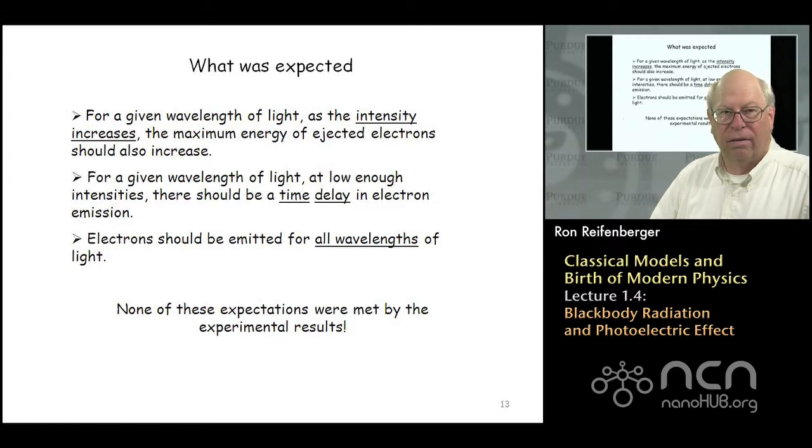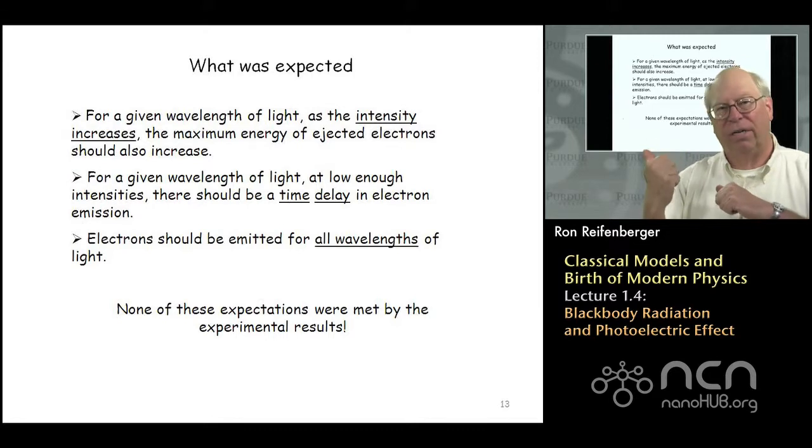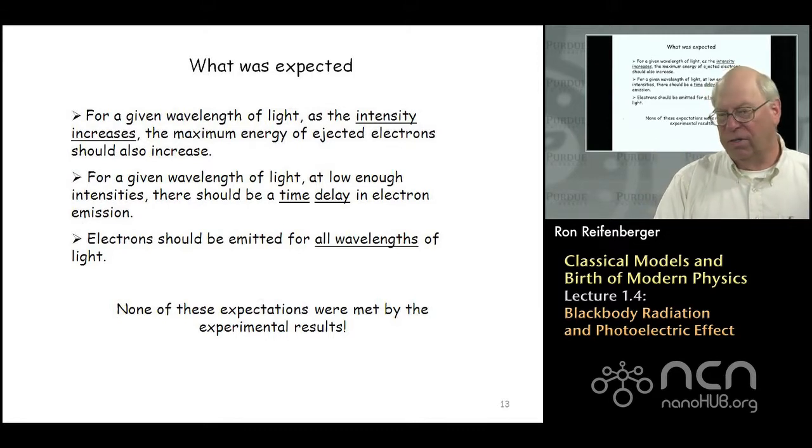So you would expect the maximum energy of ejected electrons should increase without bound, actually, as the intensity of the electromagnetic radiation increases. You would also expect that for a given wavelength of light, if you have very low intensities, maybe there would be a time delay in electron emission, because if the intensity of the electromagnetic radiation is small enough, you have to wait a certain length of time for the electrons to acquire sufficient energy to be ejected from the metal surface.